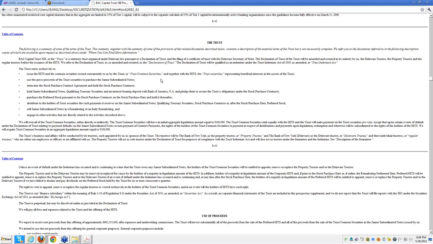That's Cain and his descendants. Back here it is. The trustees will be the Bank of New York as the property trustee, the Delaware trustee, and 3 individual trustees who are regular trustees, which are either employees or officials or affiliated with us.